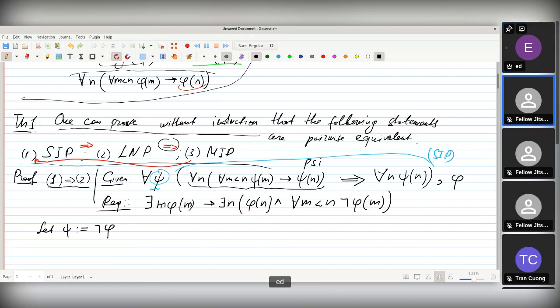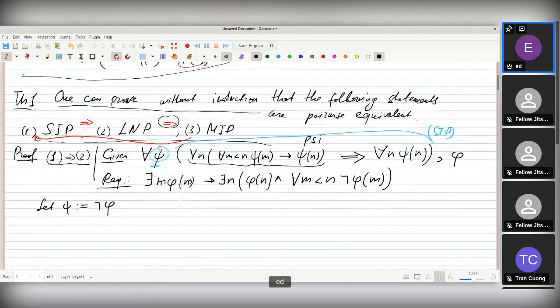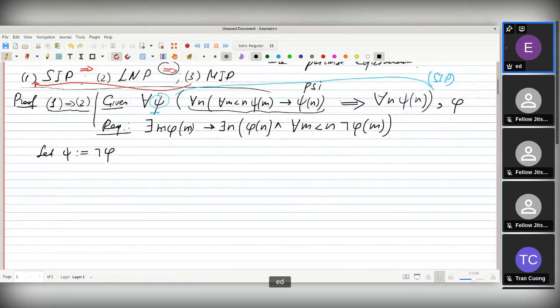We can take whatever property for psi. Some phi was given. Now let us take not phi for psi. And now we shall do a series of logical transformations. Then I have this one, but for our particular psi.